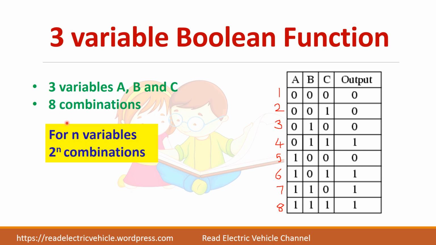So for 3 variables, you are getting 8 combinations. It means that if there are n variables, you will get 2 power n combinations. So in this case, 2 power 3 is 8. If it is a 4-variable function, you will get 2 power 4, that is 16 combinations available.